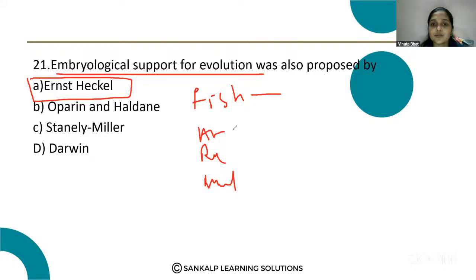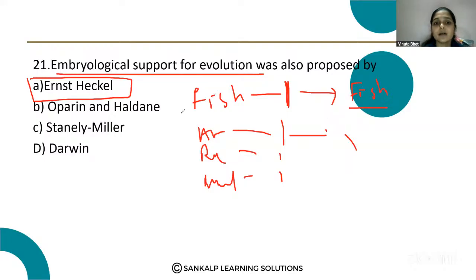In fishes, gill slits develop in the embryo stage, and in all organisms you can see the development of gill slits, but they are functional only in fish.